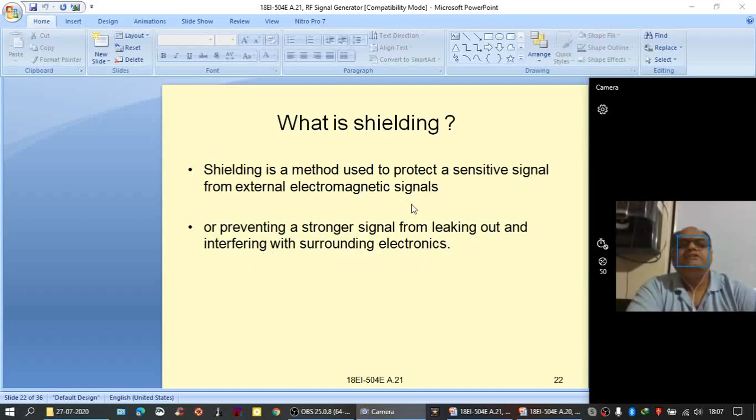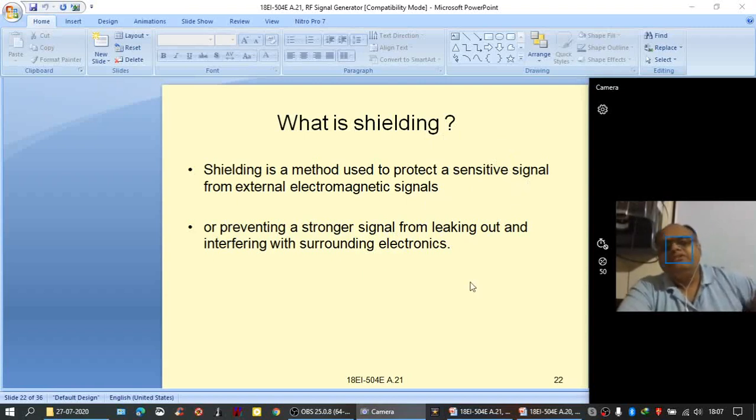So external electromagnetic signals, say for example TV transmission signals or mobile transmission signals, all these are external electromagnetic signals which are of high frequencies. So those frequencies should not affect the RF signal generator output.